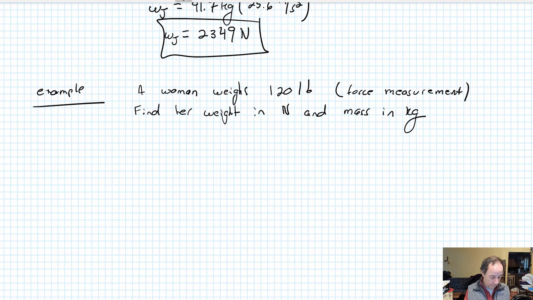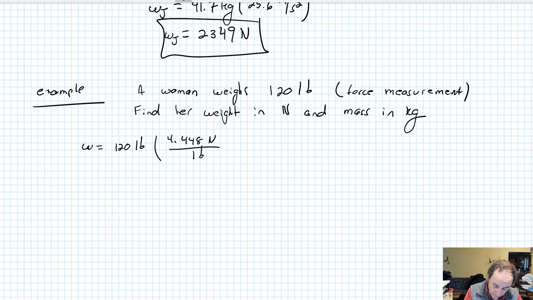All right, so her weight is force, 120 pounds, times the conversion between newtons and pounds. Between the two forces, it's 4.448 newtons to a pound.